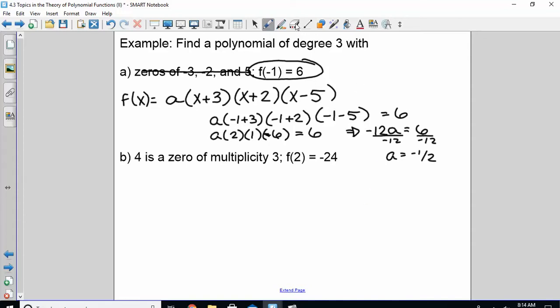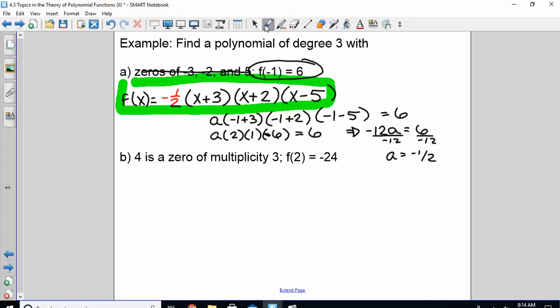So that means the polynomial that meets all the requirements I gave you has a -1/2 in front. And then this would be our final answer.